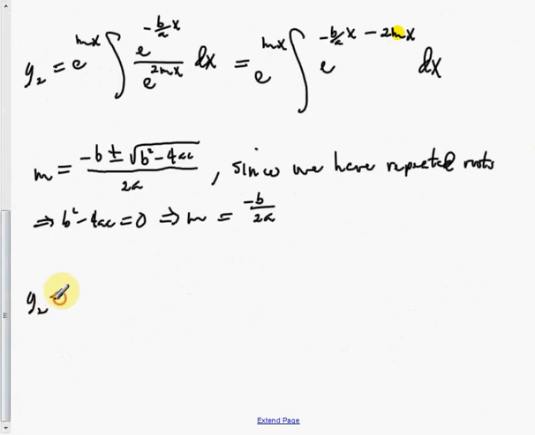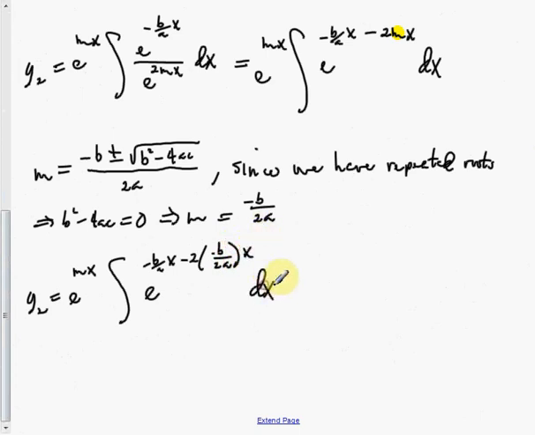So y sub 2 is equal to e to the mx. Leave that guy as it is. He's not messing with us. But it's that m up here that's affecting this integral. I want to be able to solve this integral. So this is negative b over a x minus 2 times m, which is negative b over 2a times x.